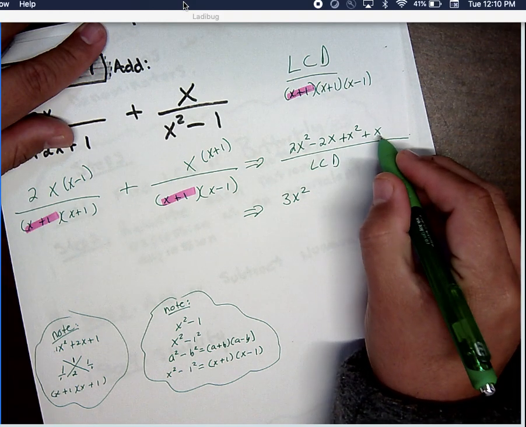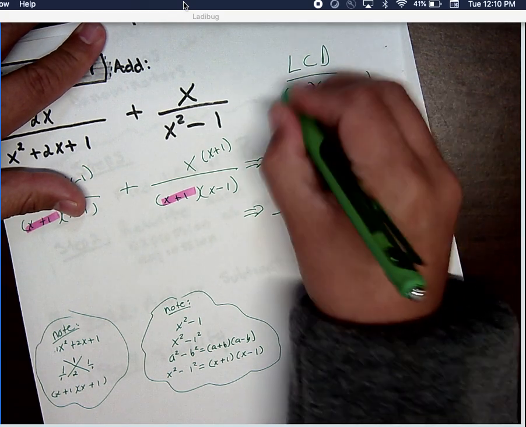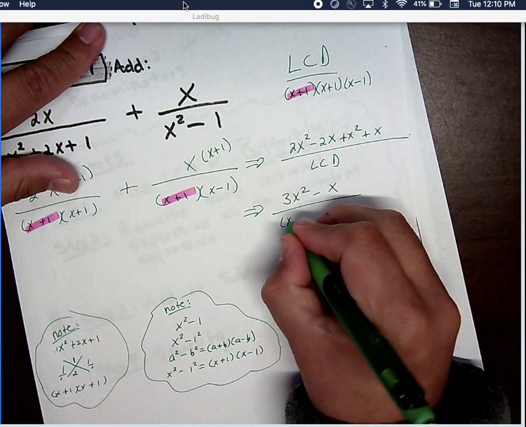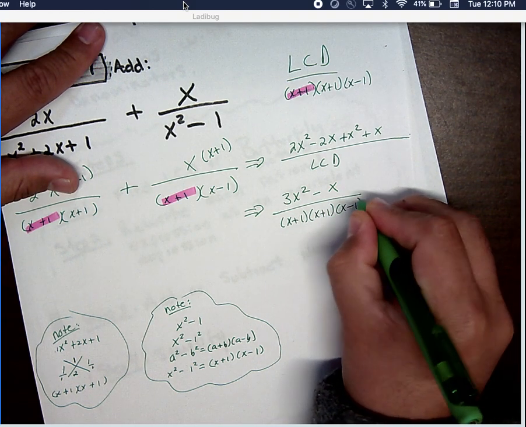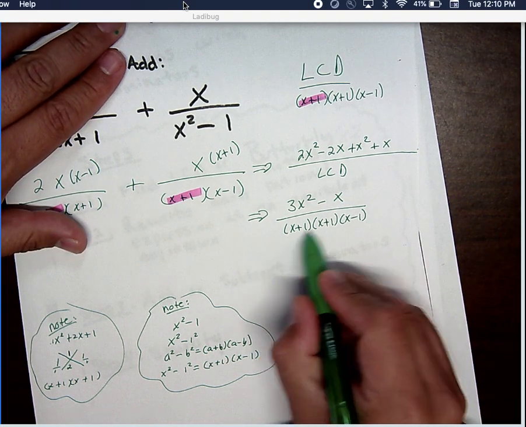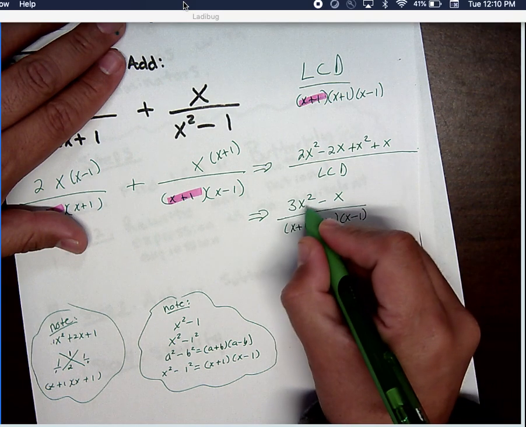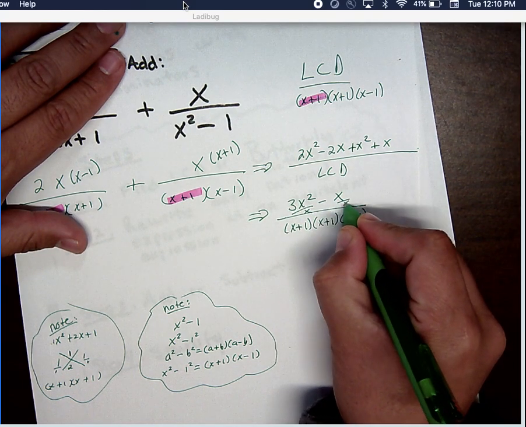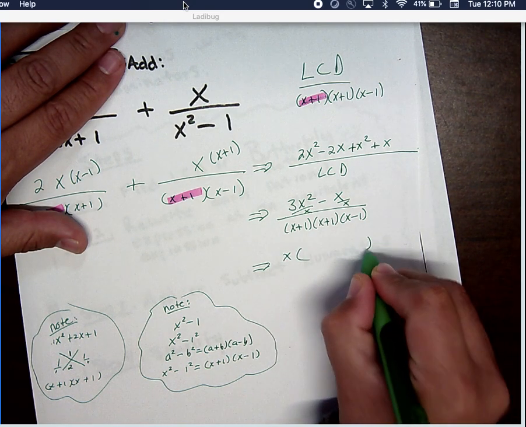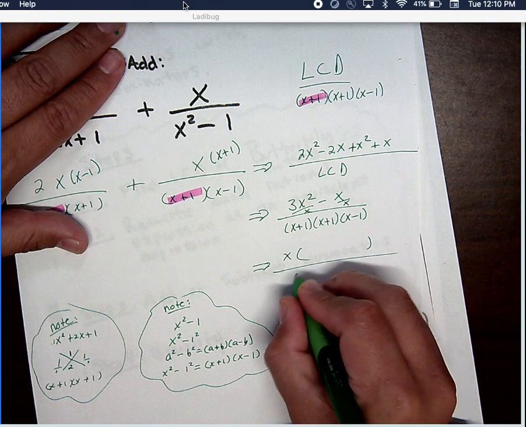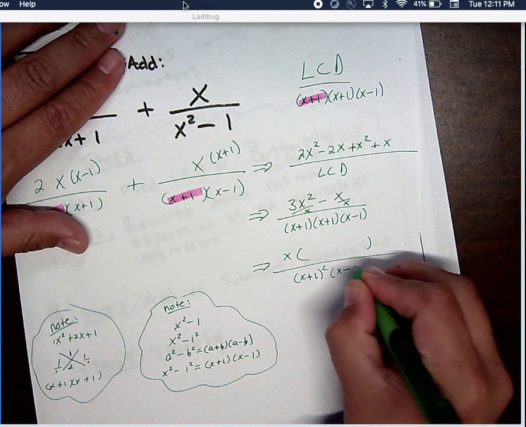Negative 2x plus x gives you minus x over x plus 1, x plus 1, and x minus 1. If you can see, we can simplify, we can GCF a 3, we can GCF an x, and see what happens. So from the top, and then this one I'm gonna put together, the x plus 1 squared, because it's the same, and then the x minus 1.